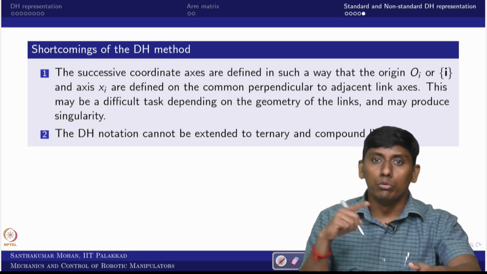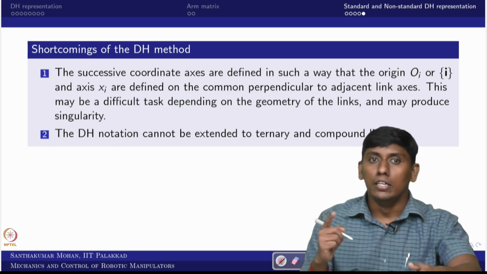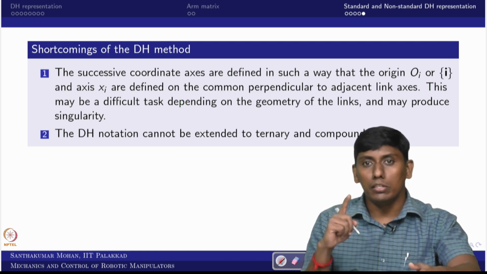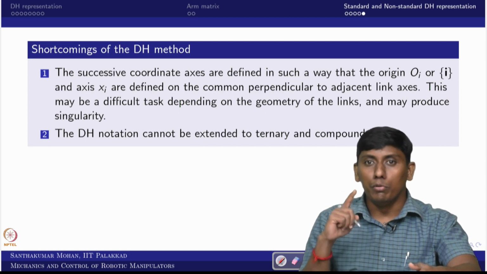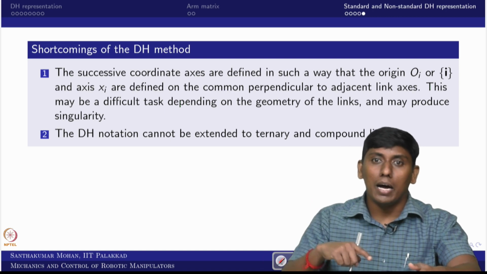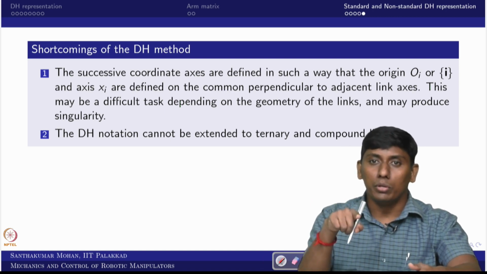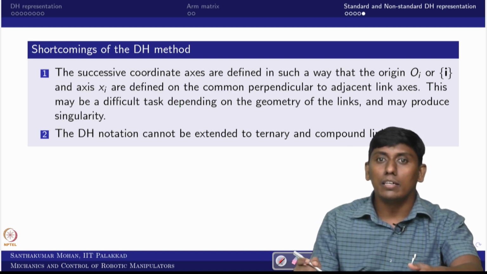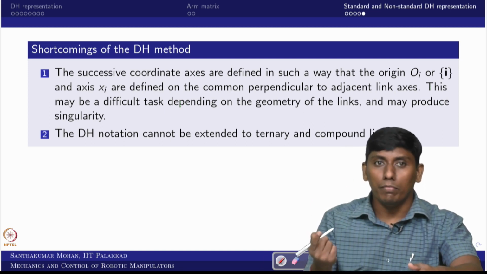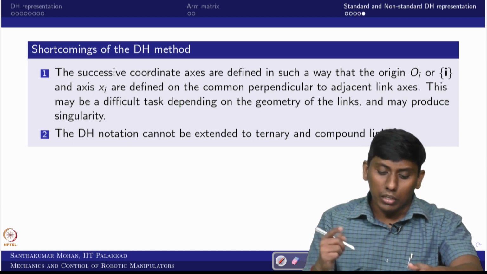If you use a ternary link or quaternary link, it is not straightforward. Second, every joint should be 1 DOF, but if you have a spherical joint or universal joint, then you have to consider a virtual mass or virtual body. You have to decompose those joints into a number of 1 DOF joints.